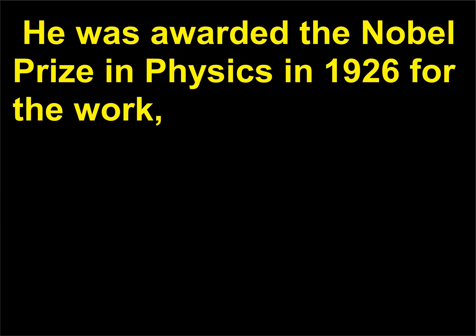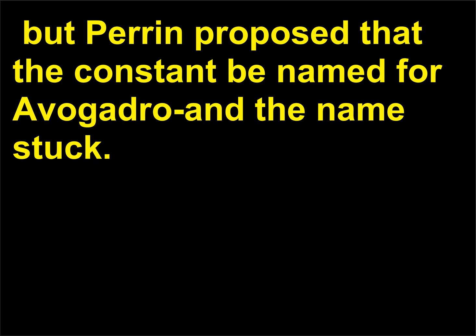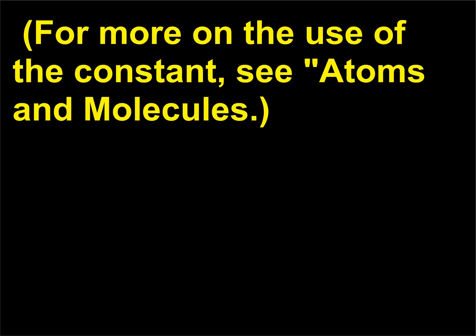He was awarded the Nobel Prize in Physics in 1926 for the work. But Perrin proposed that the constant be named for Avogadro and the name stuck. For more on the use of the constant, see atoms and molecules.